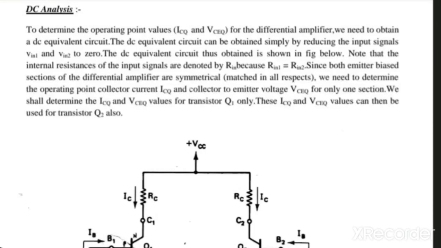The DC equivalent circuit can be obtained simply by reducing the input signals V input 1 and V input 2 to 0. The internal resistances of the input signals are R input 1 and R input 2. Since the two transistors are identical, we can take R input 1 equal to R input 2 equal to R input.